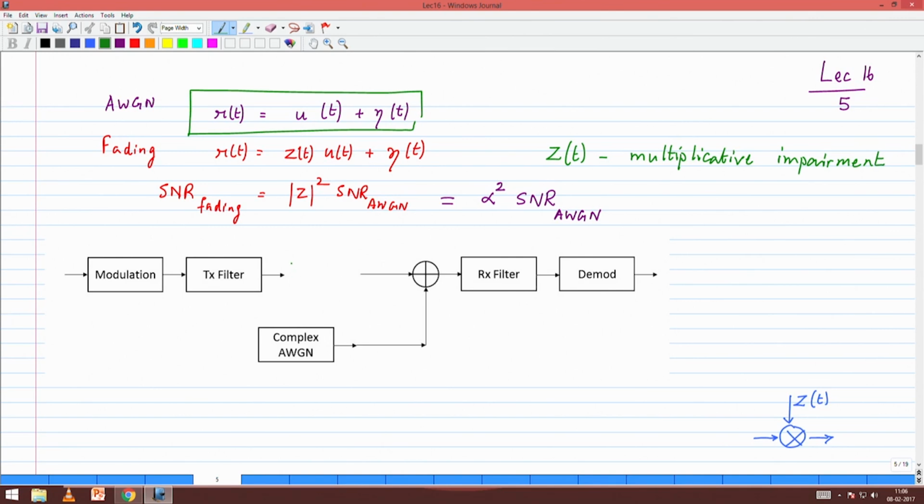In a block diagram, you would have modulation followed by pulse shaping, and then you pass it into the channel where AWGN, which has a wide spectrum, gets added. When it passes through the receive filter, you reject whatever is outside of your band of interest. So you have the desired signal as well as the impairment that falls within your receive bandwidth. That is what passes through the receive filter, and that is what we receive at the demod.